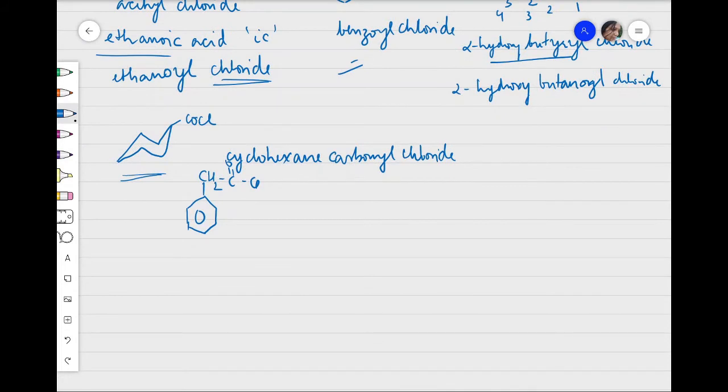We take ethanoic acid, that is the parent here, so it will be ethanoyl chloride. And the substituent in the second position is a phenyl group, so 2-phenyl ethanoyl chloride. This is how the IUPAC name would be.